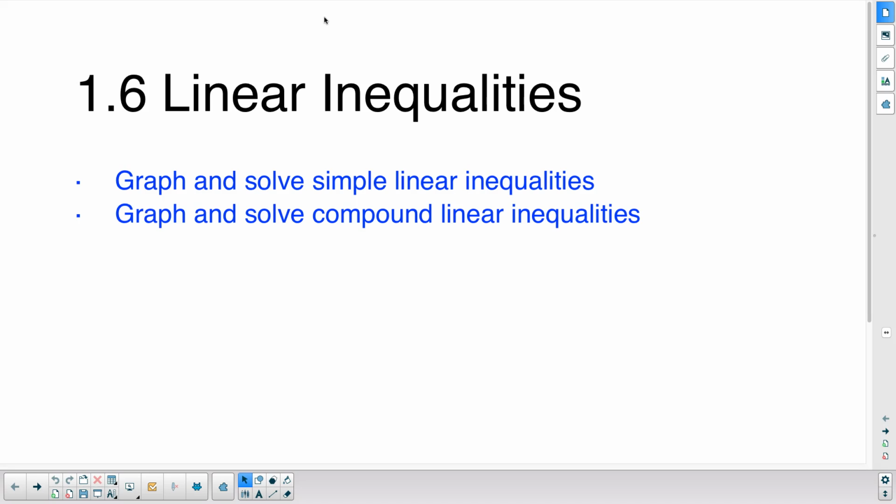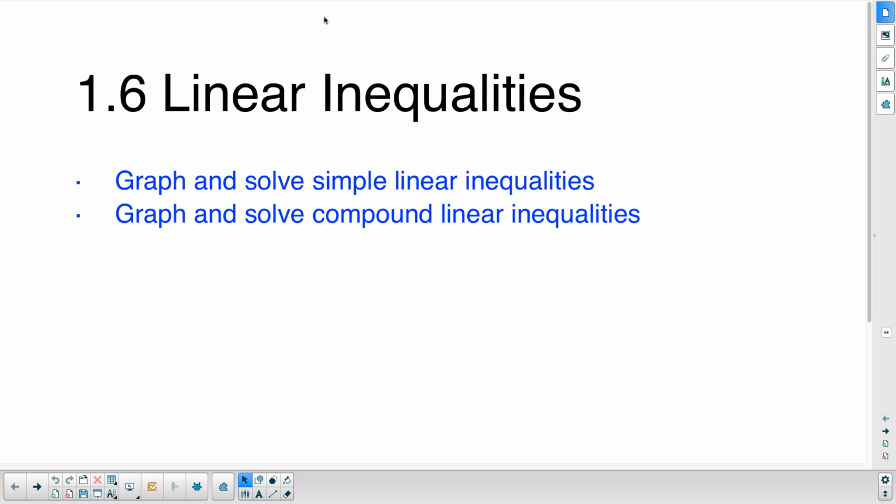But before we talk inequalities, let's talk about equalities. So if I ask you this question, what in the world is equal to 7? The only thing that's equal to 7 is 7. That's it.